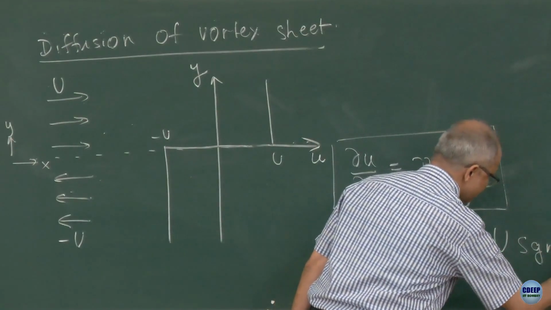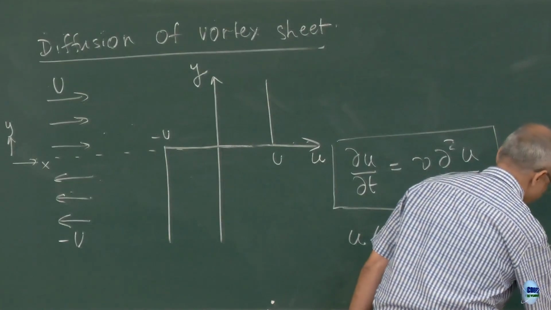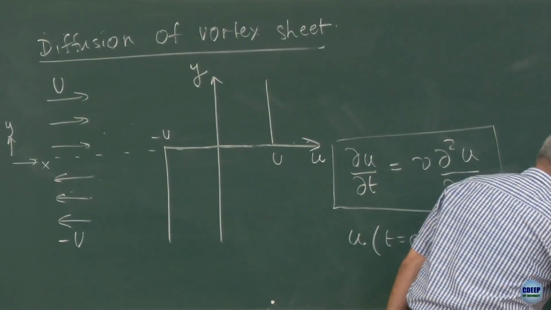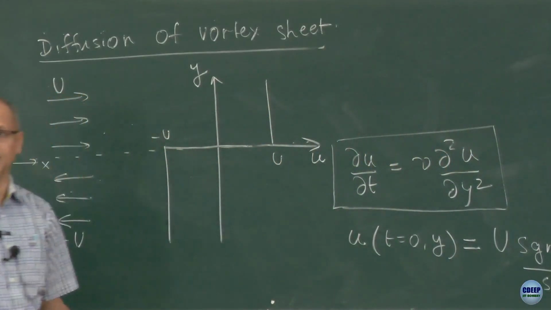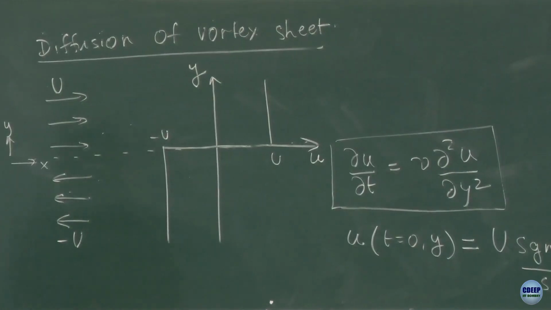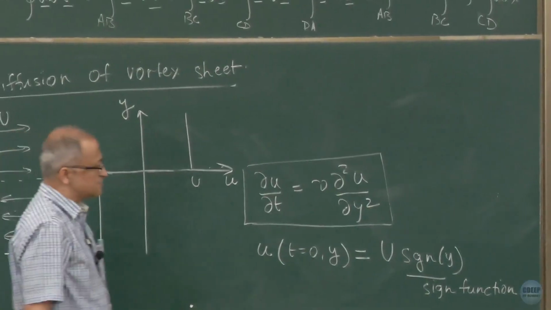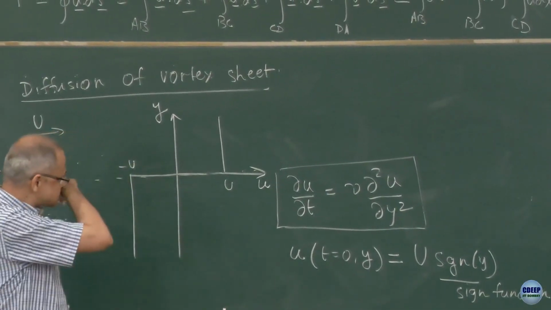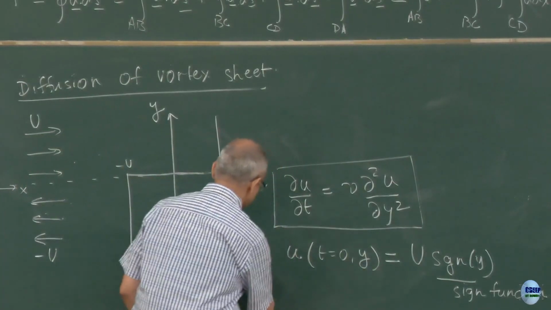This is just the sign function, equal to plus 1 if y is positive, and minus 1 if y is negative. All it is saying is that it takes the sign of y. That's as simple as that. And so this is my initial condition that I have.